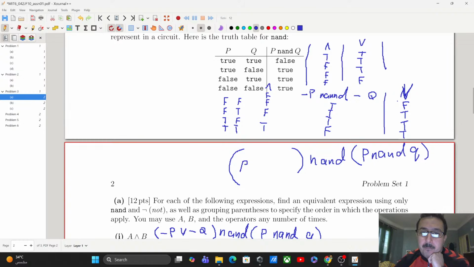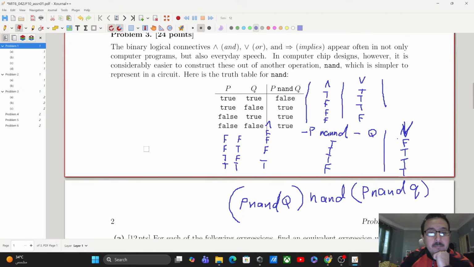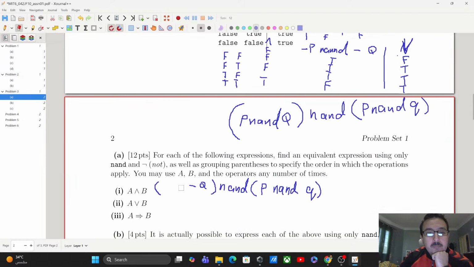P and Q. That it says here. This one is P and Q. So what do we have in A or P?